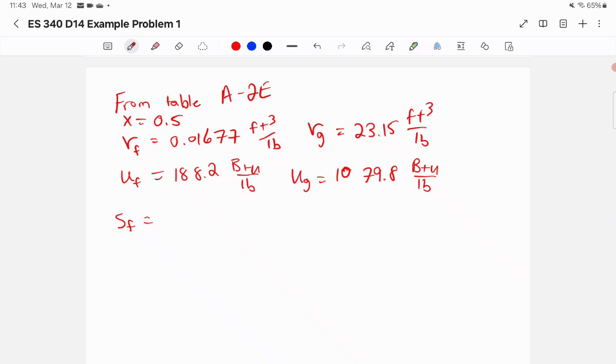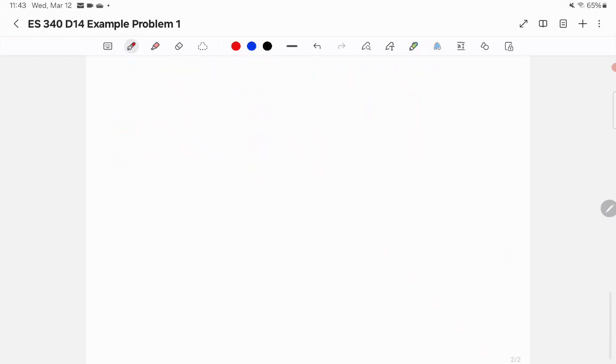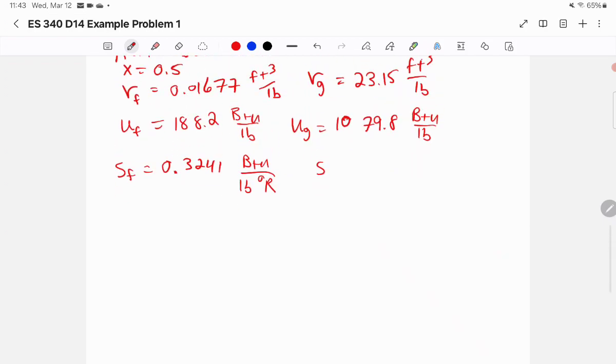SF is going to be equal to 0.3241 BTU per pound degree R. SG is going to be equal to 1.7441 BTU per pound degree R.